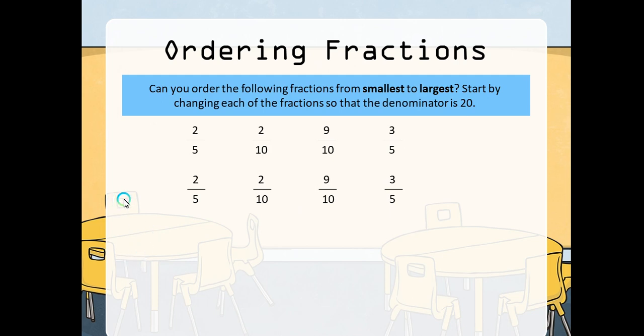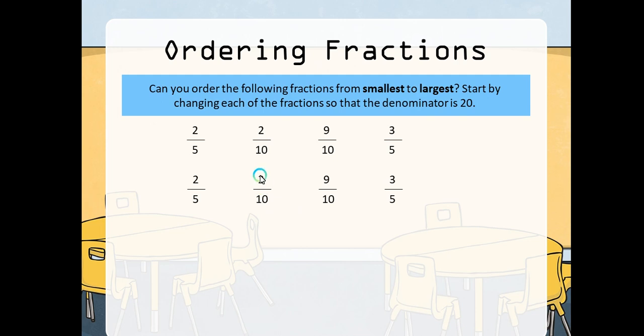Here we multiply by 2. 2 times 2 will give us 4, and 10 times 2 will give us 20. So here we can use 4 to divide 4 and to divide 20, because we made the denominator 20. So when we have 4 over 20, we have 1 over 5.